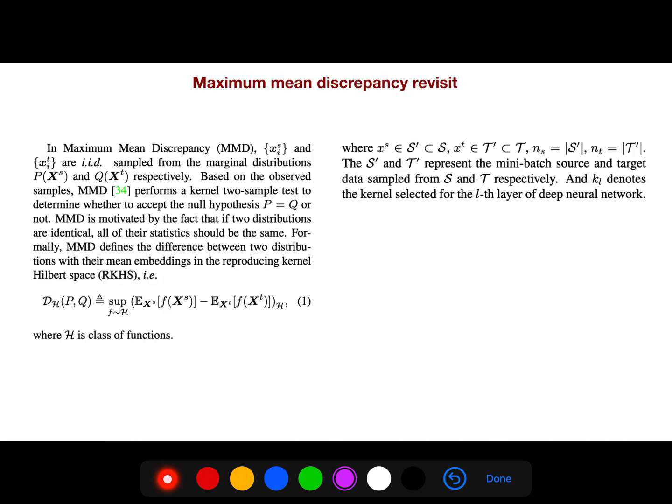So in the maximum mean discrepancy, we have IID samples from the original distributions of source and target. Formally, MMD defines the difference between the two distributions, P for source, Q for target. We reduce it. So this is the supremum of the expectation of f of x of source minus f of x of target.